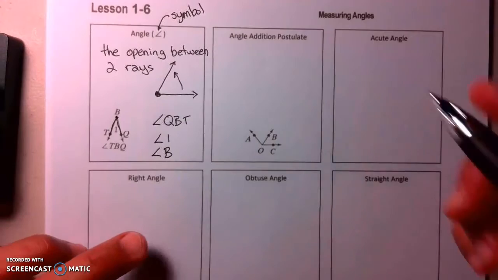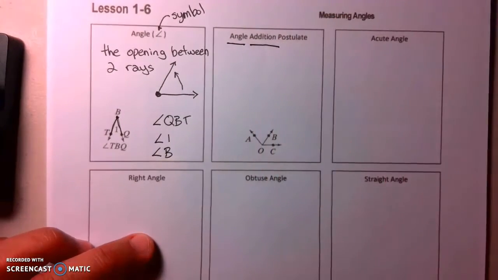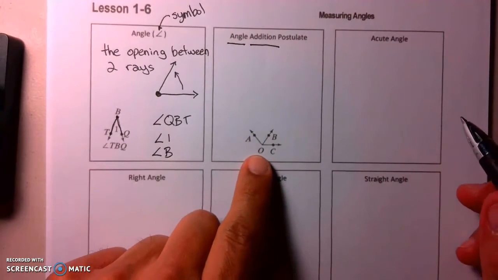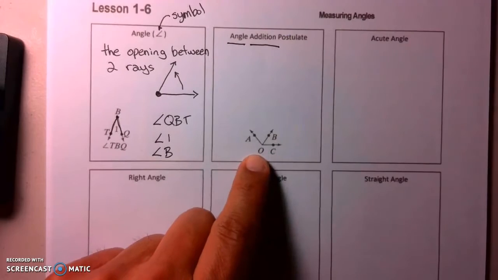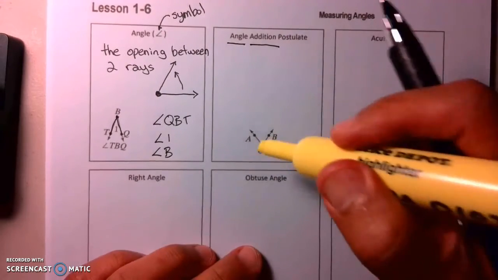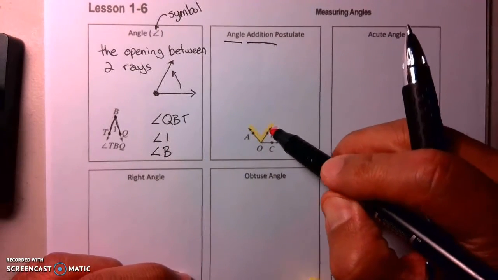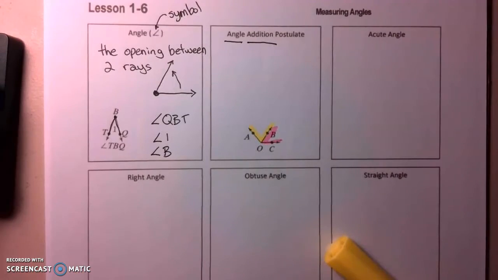Okay. Angle addition postulate is very similar to segment addition. If I add two smaller angles, I get the big angle. So I'm just going to look at this one picture here. This angle here in yellow, added with this angle here in pink, will create the entire big angle altogether.